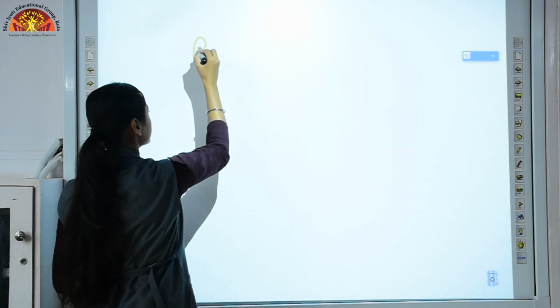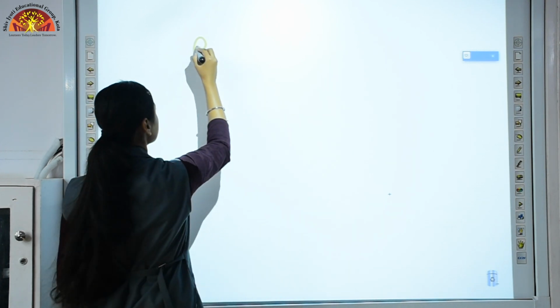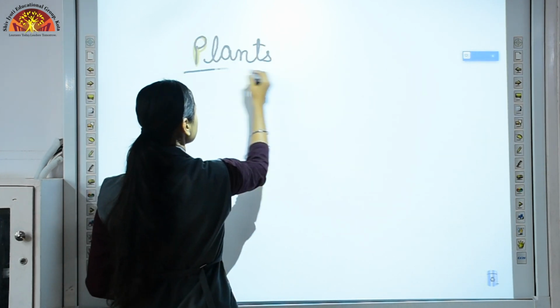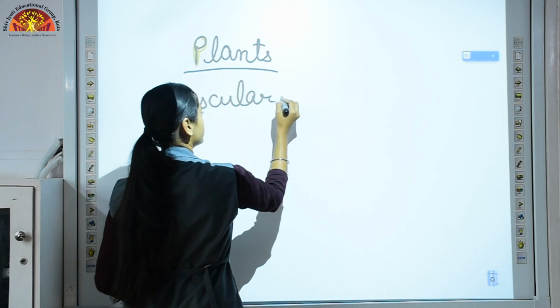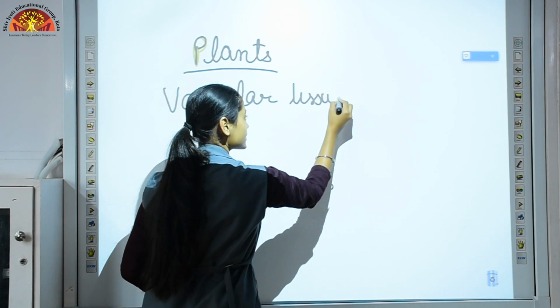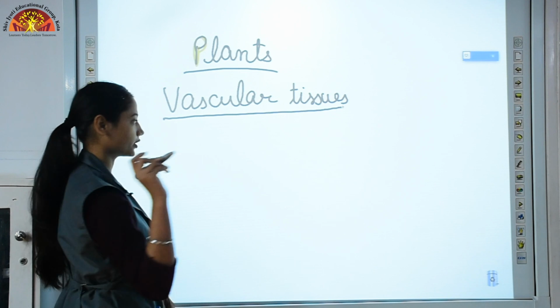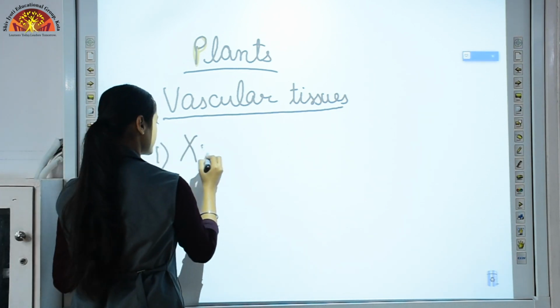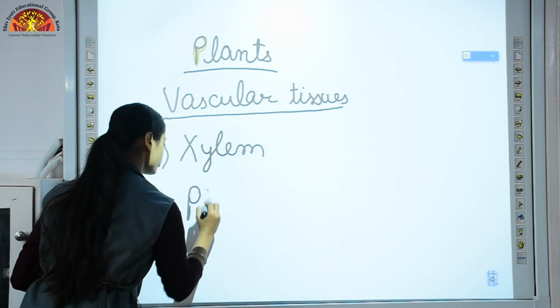In plants, some specialized tissues are present, and those tissues are known as vascular tissue. Vascular tissues are responsible for transportation of food and water in plants. These are of two types: first, xylem, and second, phloem.